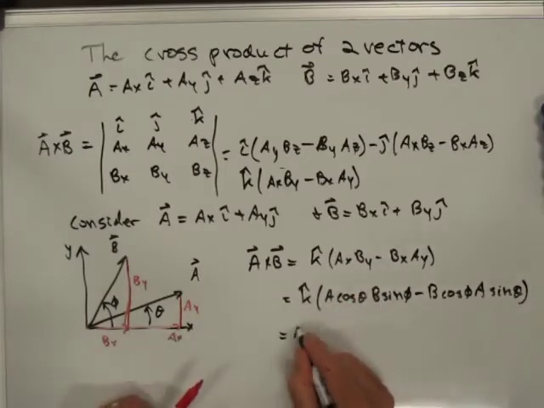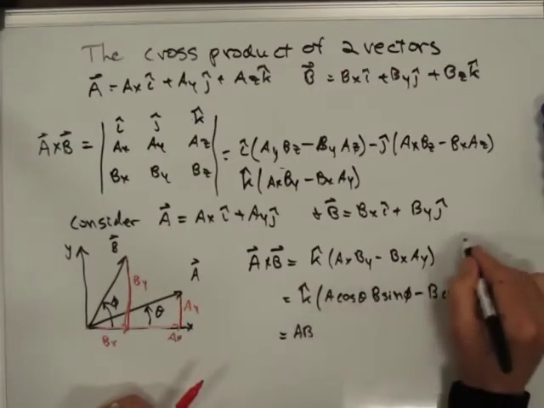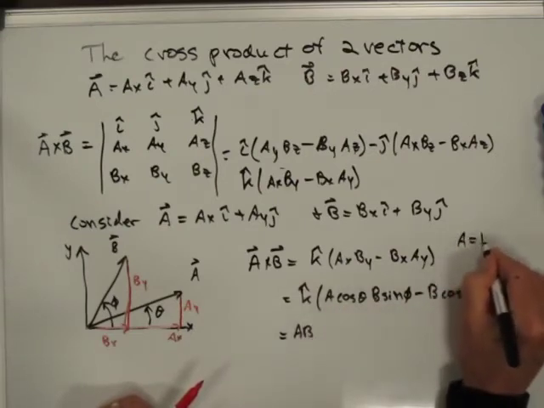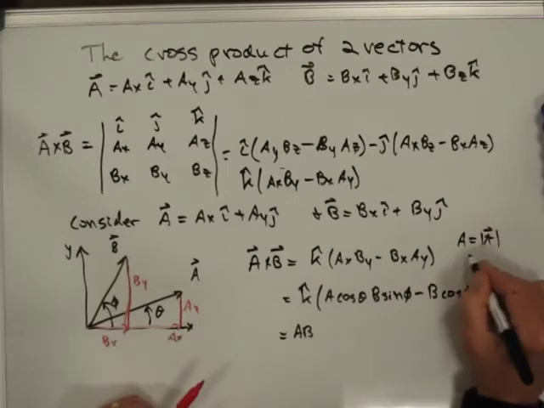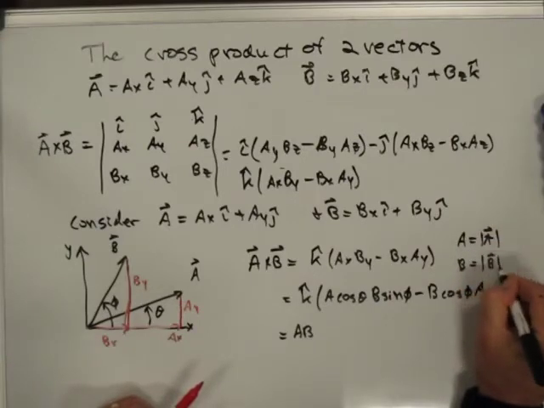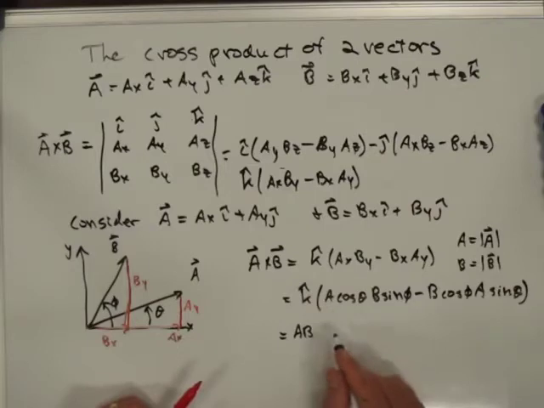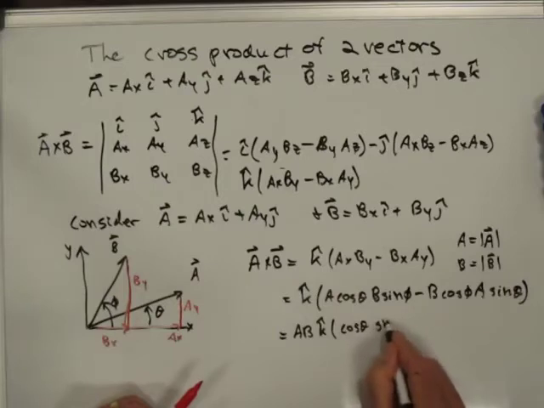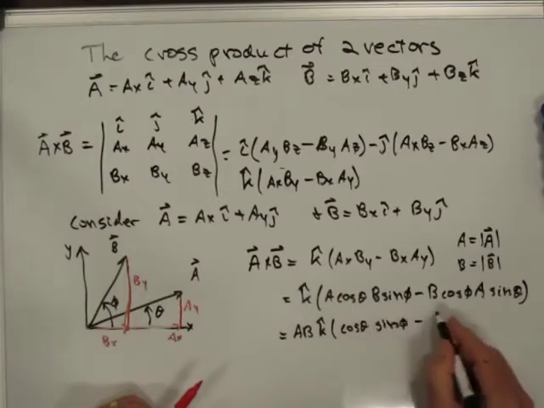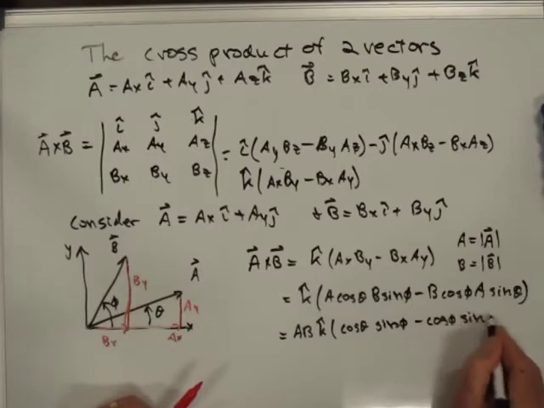And so this would be AB, where again, A equals the magnitude of the vector A, and B equals the magnitude of the vector B. Right? And so this is AB k hat times (cosine theta sine phi minus cosine phi sine theta).